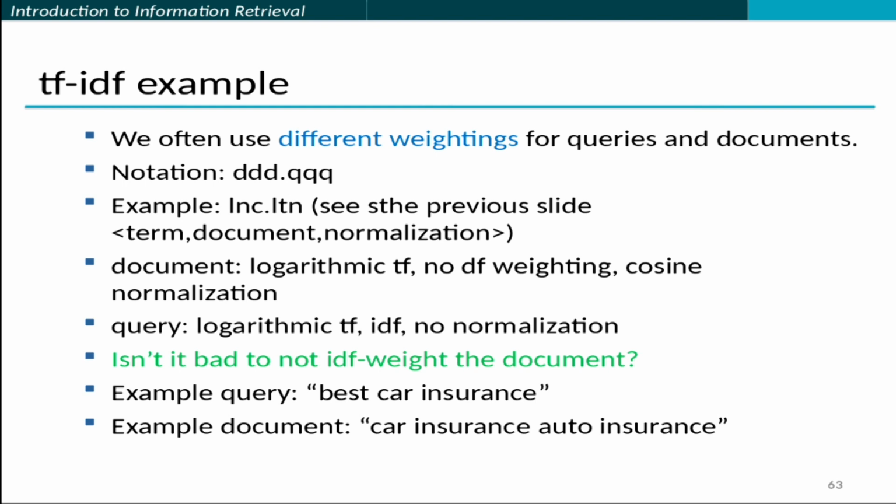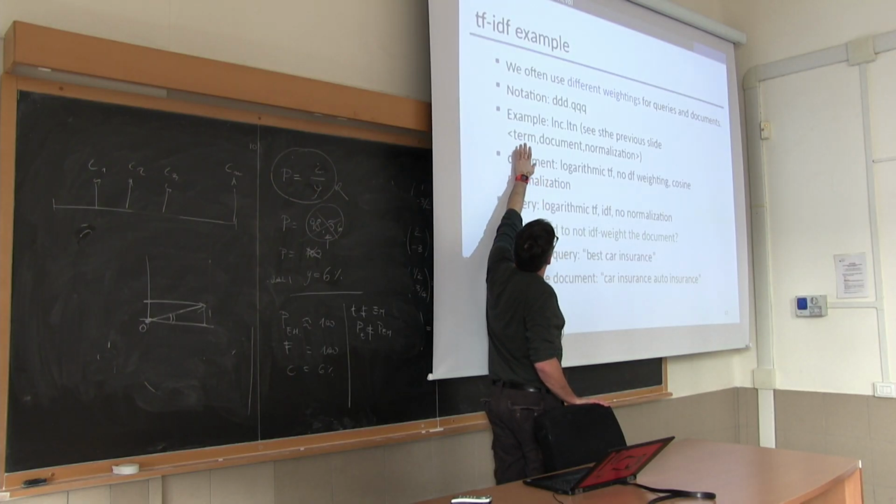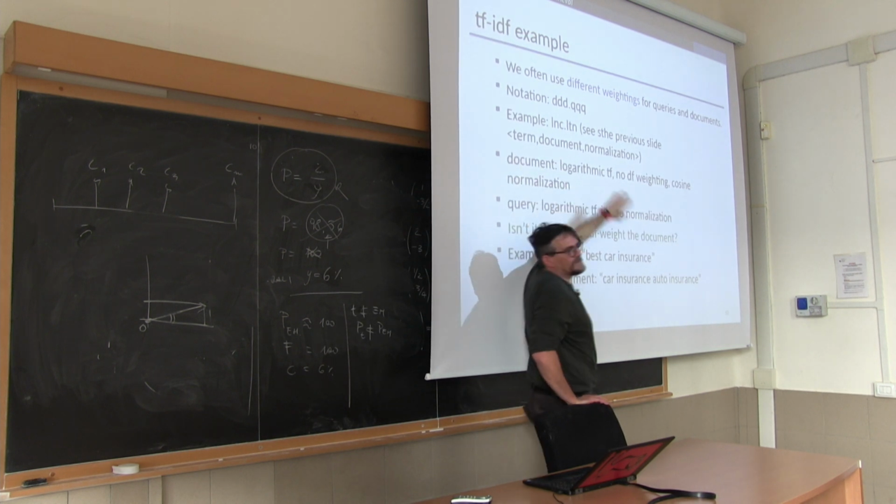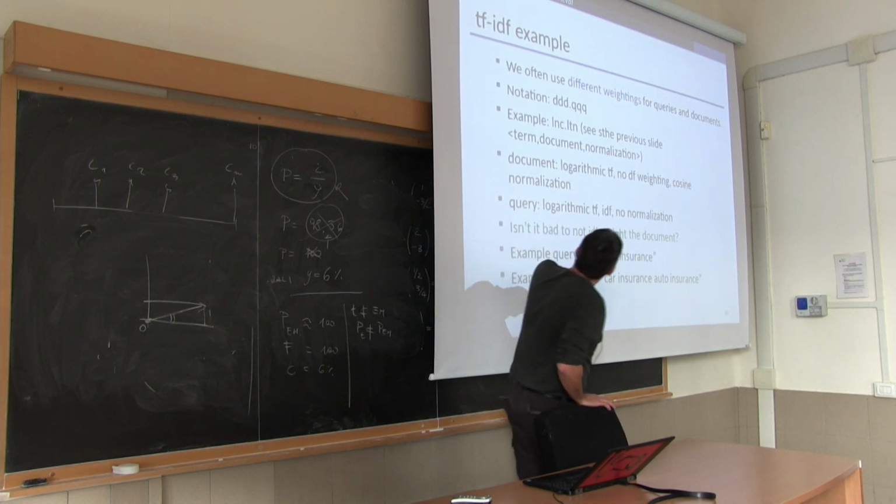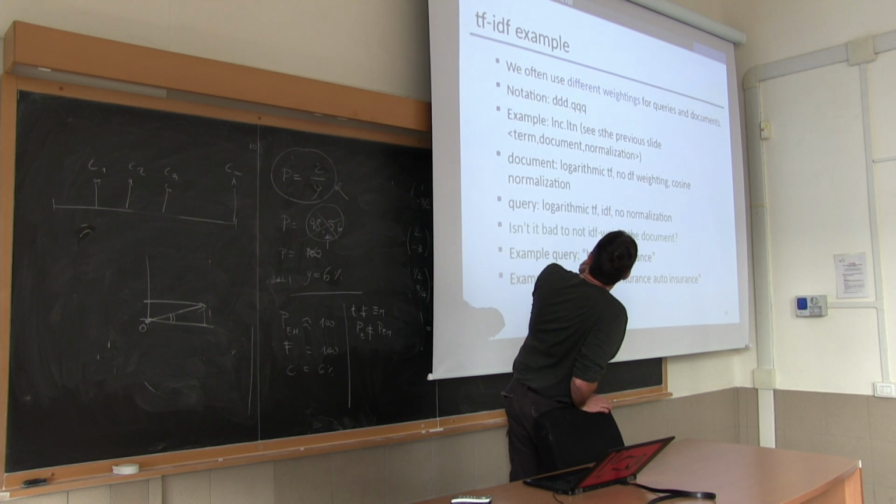And so you have this notation in which you have 3 terms for the document, DDD, and 3 terms for the query. 3 terms defining the way in which you deal with the term, the document, and the normalization.